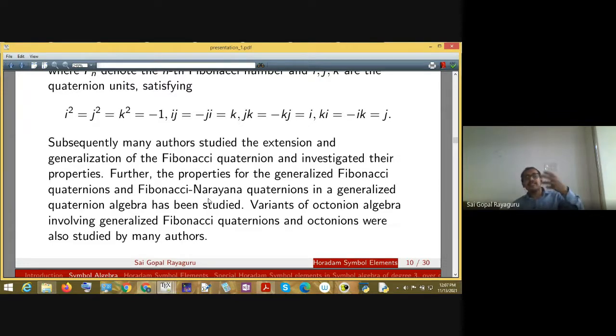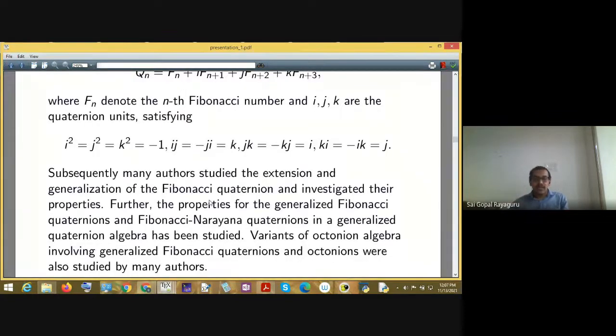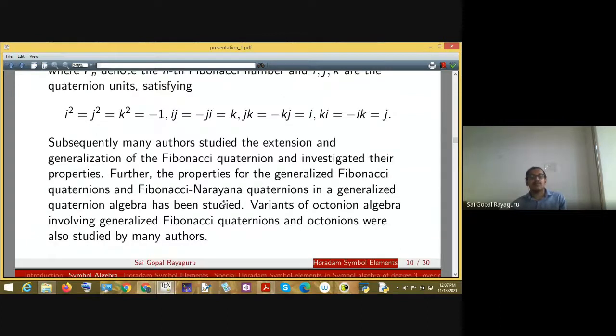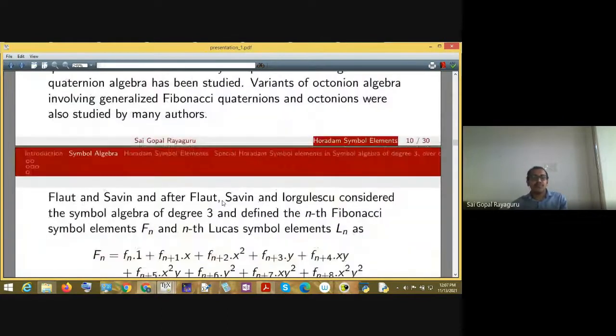So replacing the Fibonacci sequence by any other recurrence sequence, many authors have studied these properties, finding their norms, and also the same in the case of the octonion algebra and so on, replacing these terms.